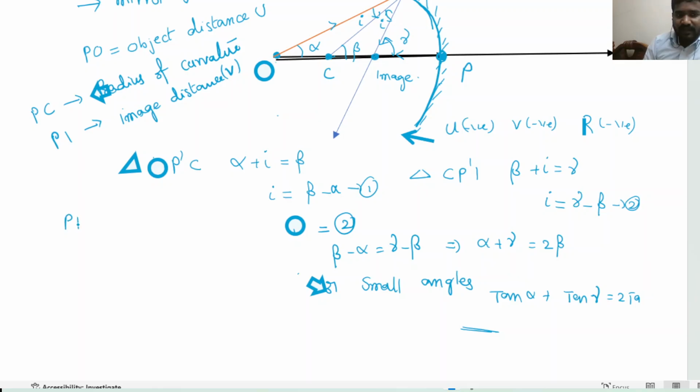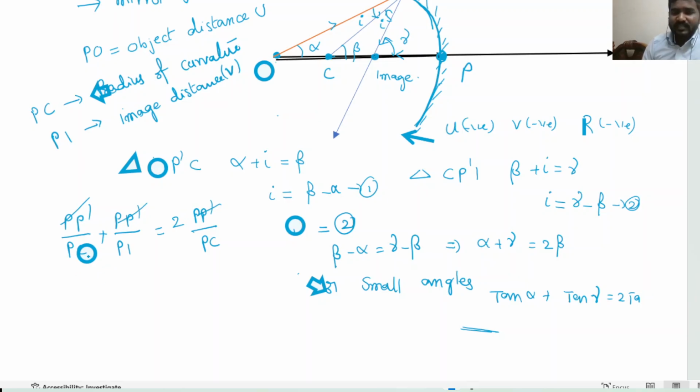Tan alpha is P dash divided by PO, plus tan gamma, P dash divided by PI, equals 2 times tan beta, which is P dash divided by PC. Now P dash gets cancelled on both sides.